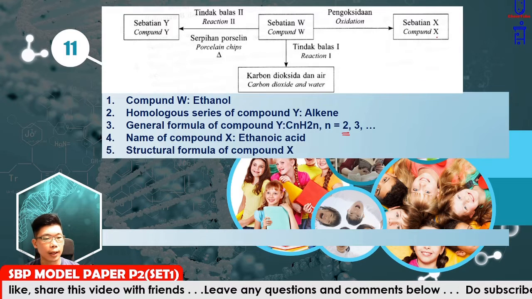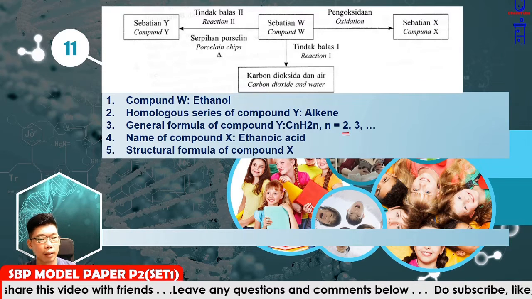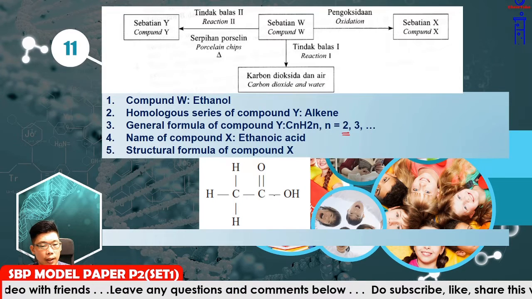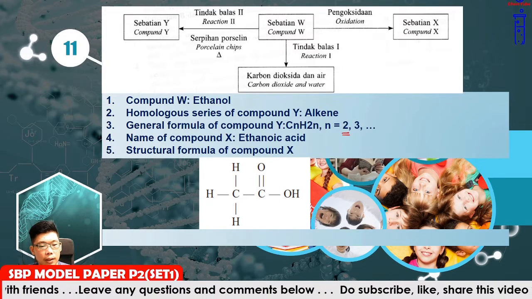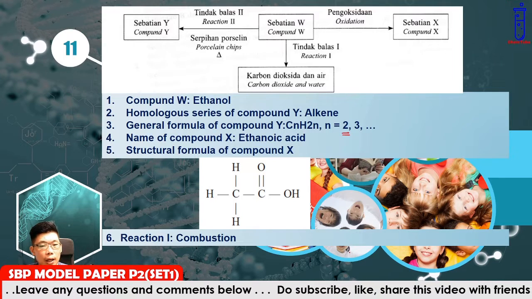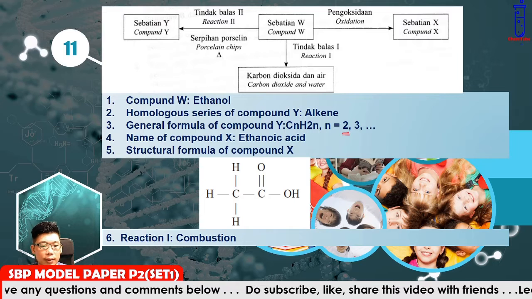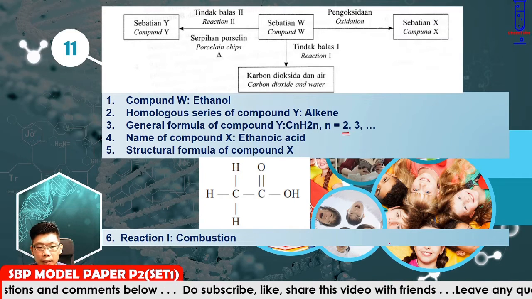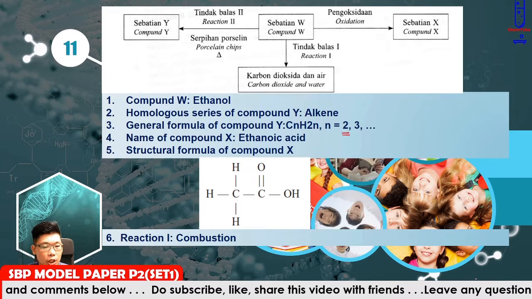Next, the structural formula for compound X: here is ethanoic acid. This is the functional group, COOH. Then finally, reaction 1 is combustion. So 6 marks. You write point by point based on the marks allocation.